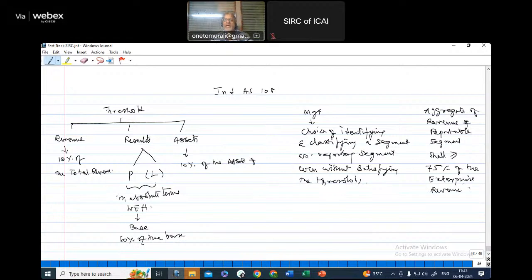What is that? The aggregate of the revenue of reportable segments should be greater than or equal to 75% of the enterprise revenue. That means here, exclude internal revenues. Okay, exclude internal revenues.